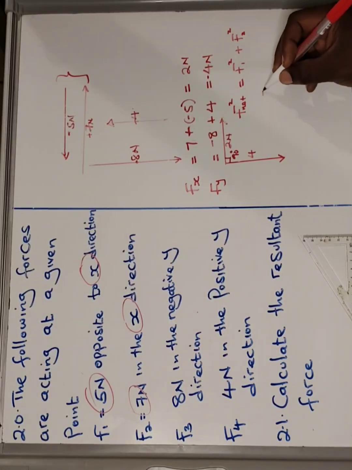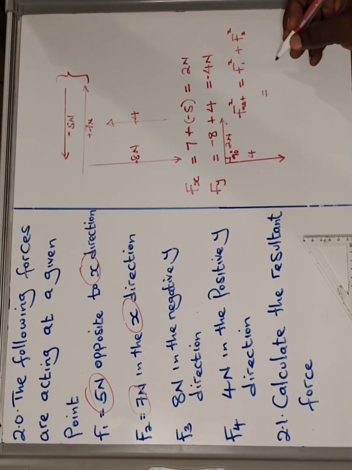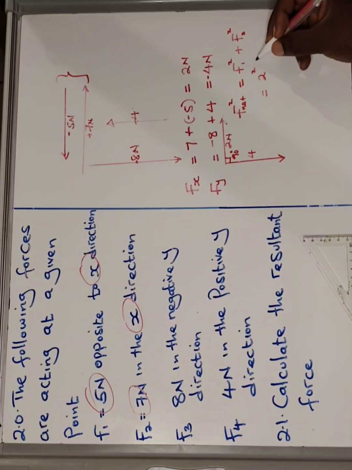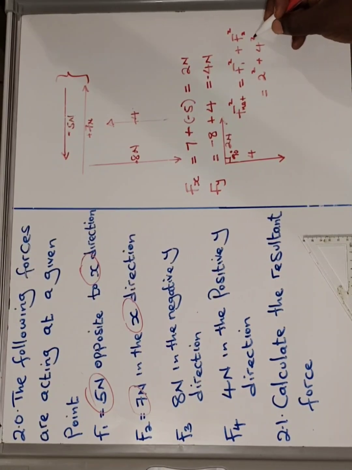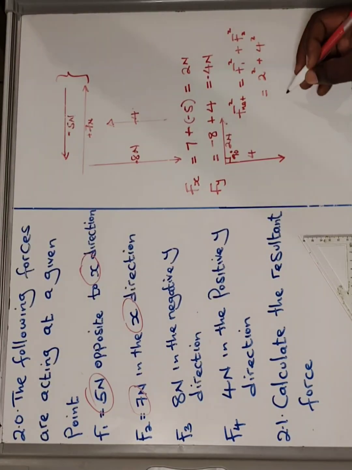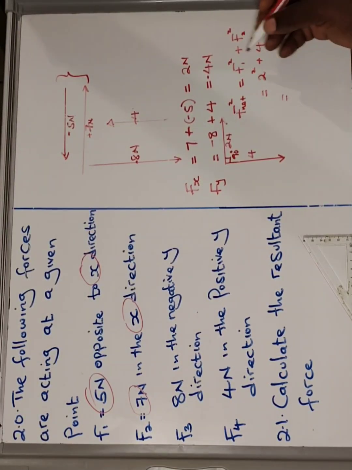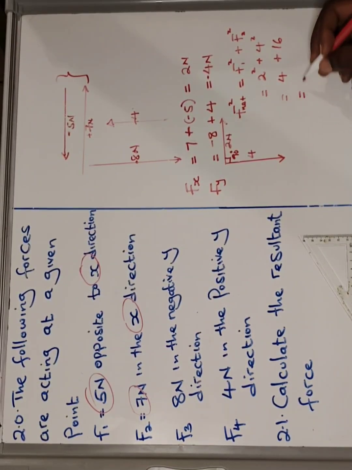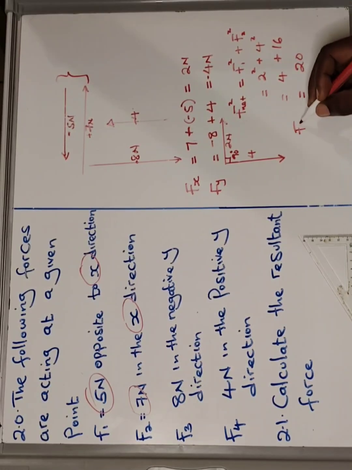Just substitute. What is our F1 squared? You can say 2 squared. And F2, we can say 4 squared. And from there, here we have the 4, here we have the 16, and what we get after that is going to be 20, and that is F net squared.